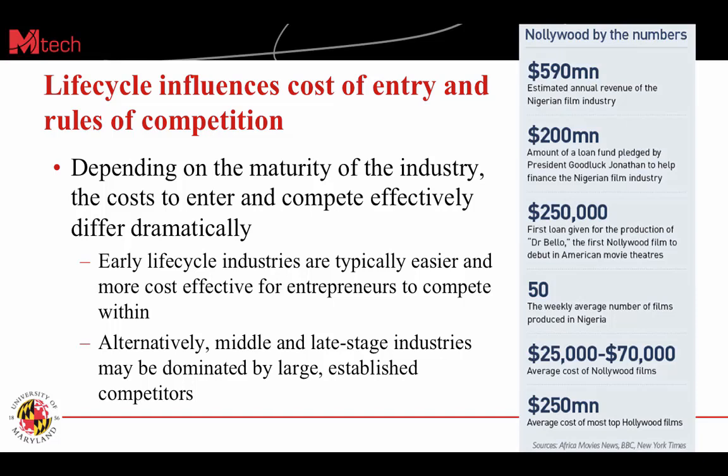There are further investment mechanisms and loan mechanisms funded by the government to try and increase and grow that. We see that there are 50 films produced in Nigeria weekly. And the average cost of them are somewhere between $25,000 and $70,000.